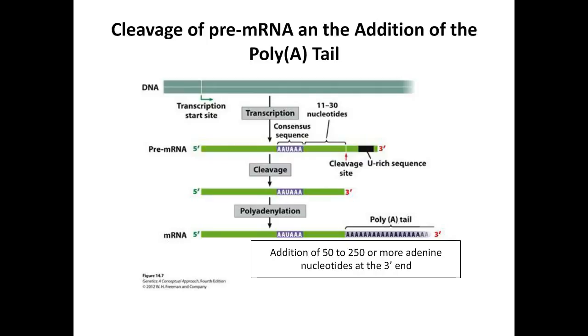And at the final stage, a poly A tail is added to the transcript. This happens for all messenger RNAs transcribed from genes in eukaryotes.